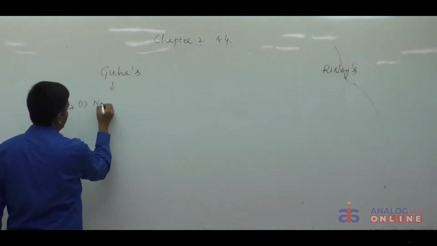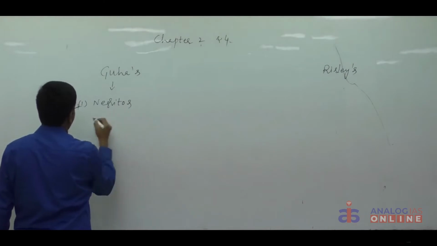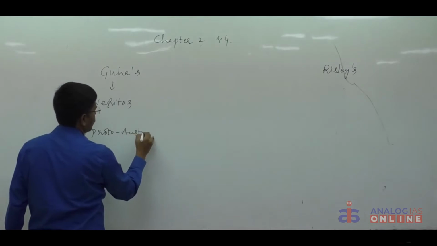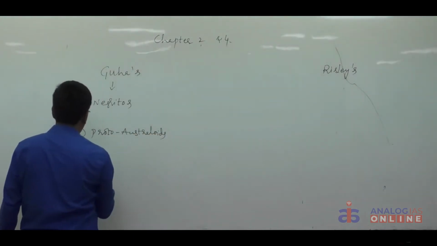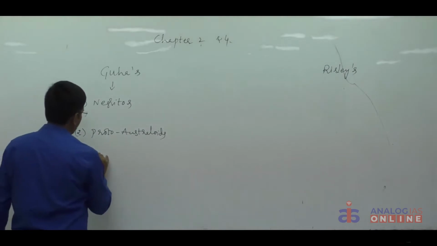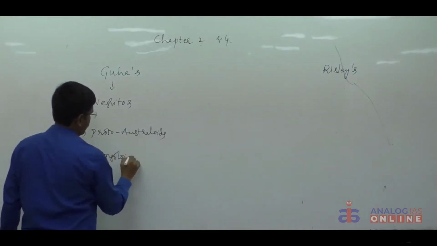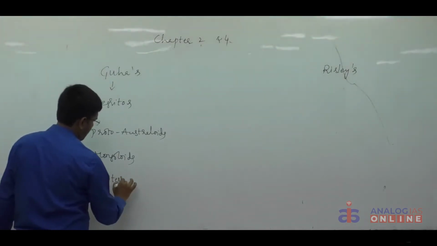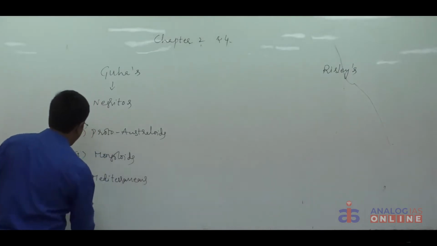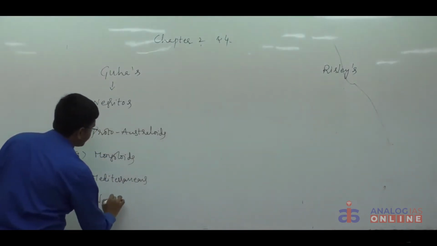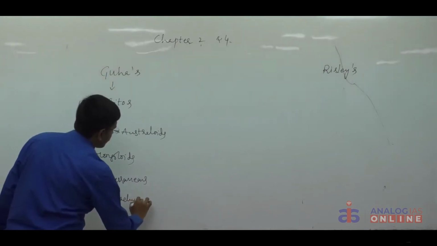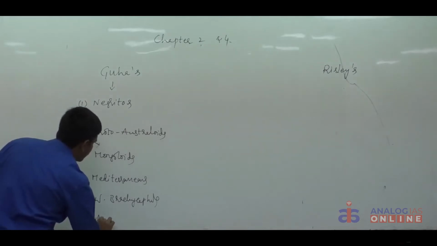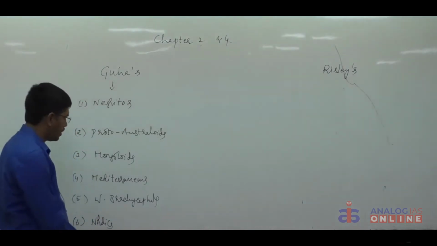They are Negritos, Proto-Australoids, Mongoloids, Mediterraneans, Western Brachycephals, and Nordics or Nordic element.